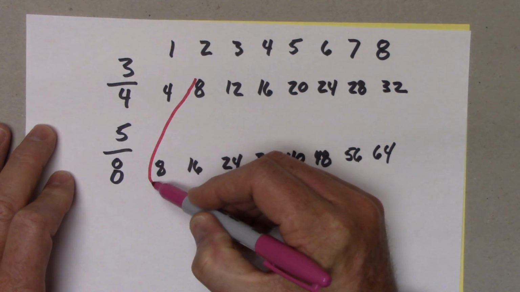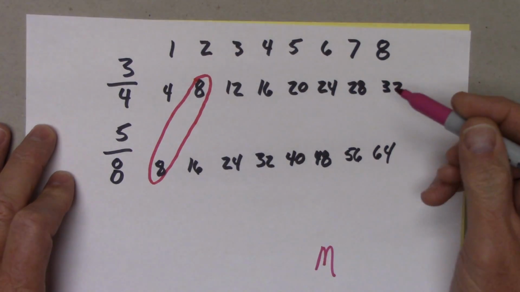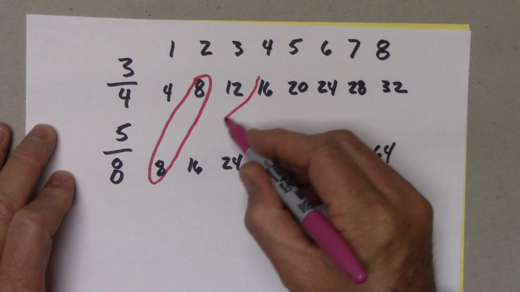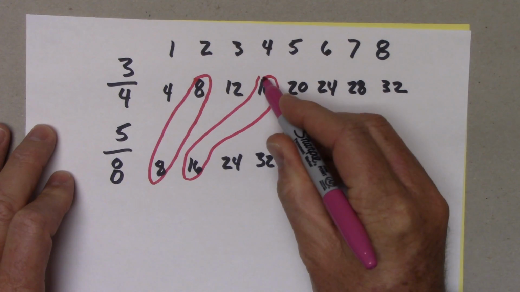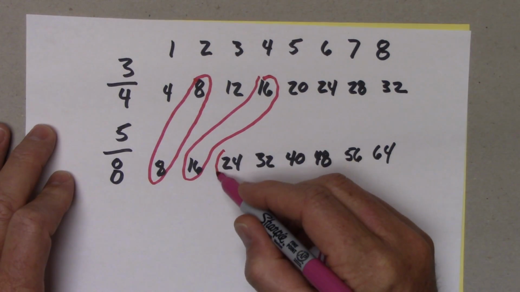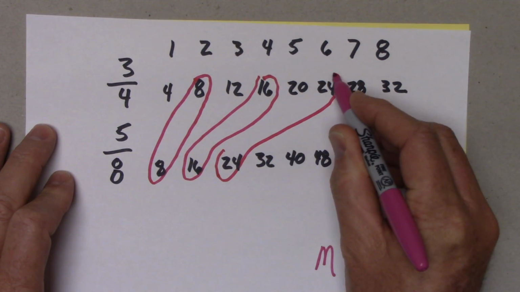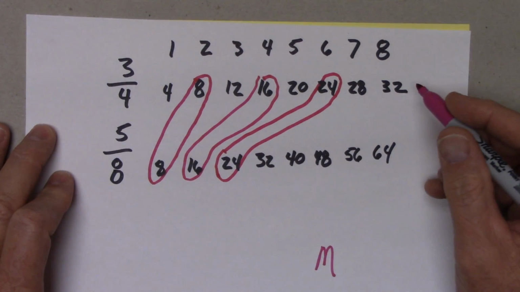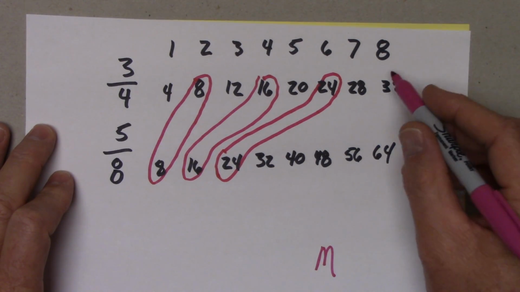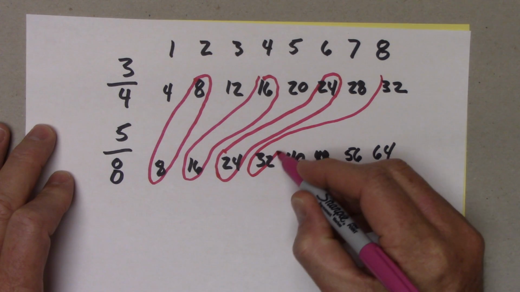And here's one. They both have an 8. Here's another one. They both have a 16. Here's another one. They both have a 24. And here's another one. They both have a 32.